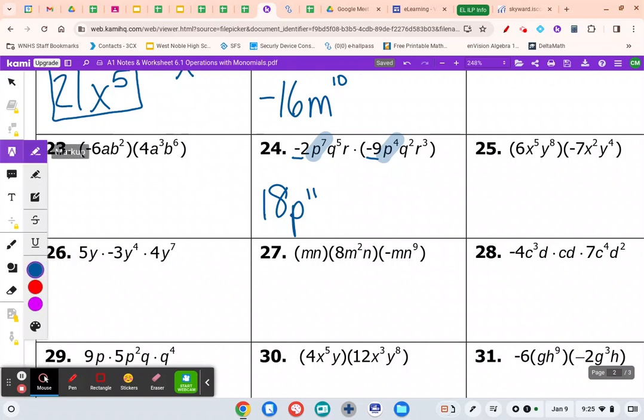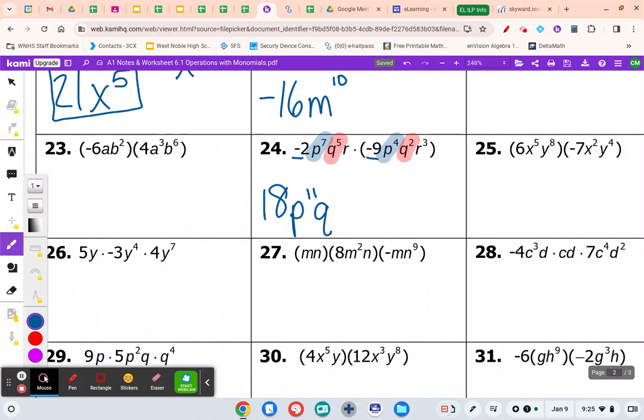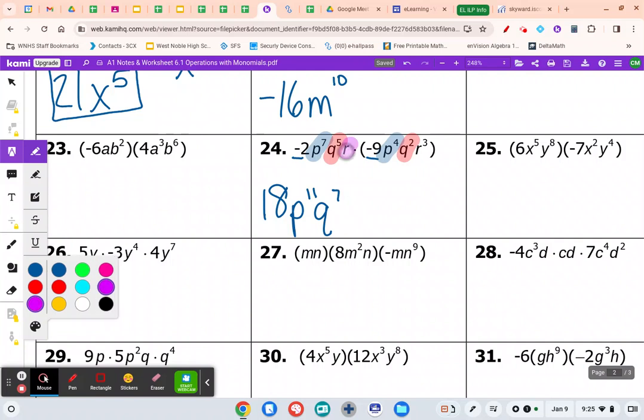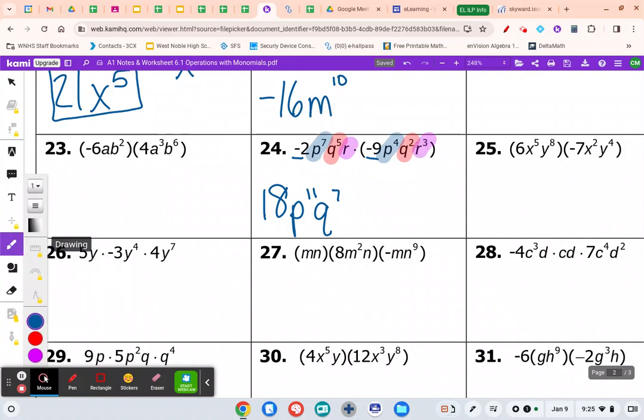We'll have q to the 7th, because 5 plus 2 is 7. And we will have r to the 4th, because 1 plus 3 is 4. So you just look at each individual variable, make sure the bases are the same.